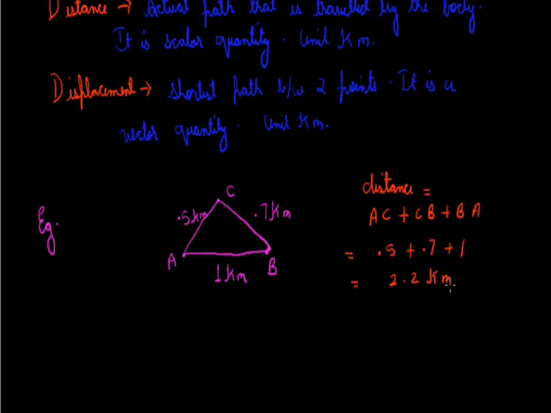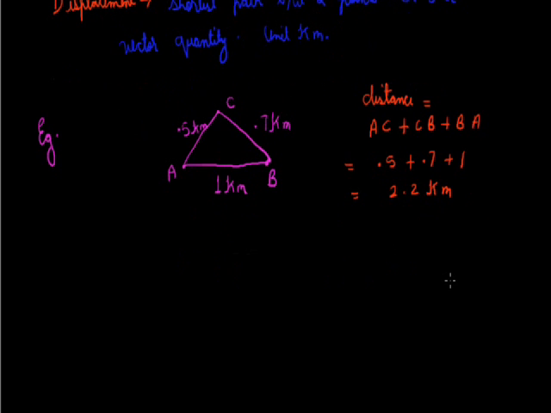So the actual distance which the person travels is 2.2 kilometers. But if we talk of displacement, it is the difference between final position and initial position. His initial position is A and he again returned to A. So the displacement is 0 because in this case his final and initial positions are the same.